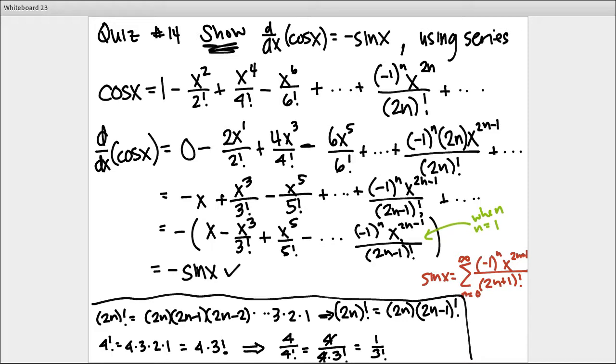Okay, and then you're also going to need to build a polynomial from scratch, and I will do one. We're going to build a Taylor series from scratch. This is like review worksheet number 10.